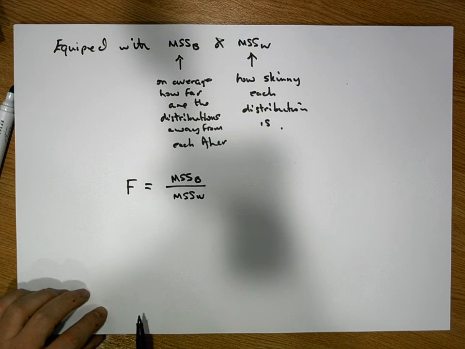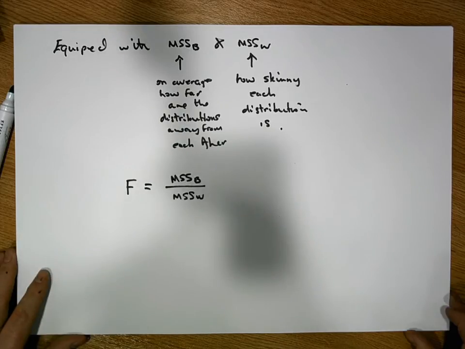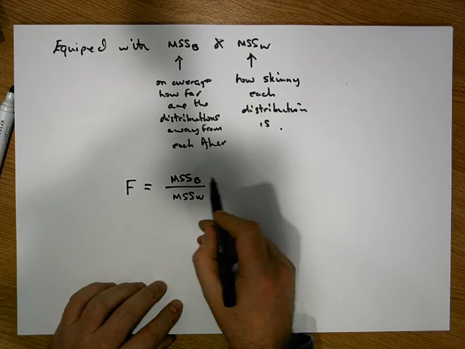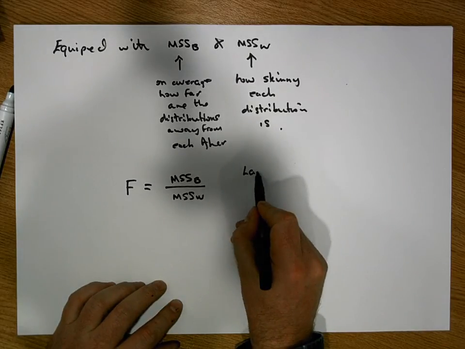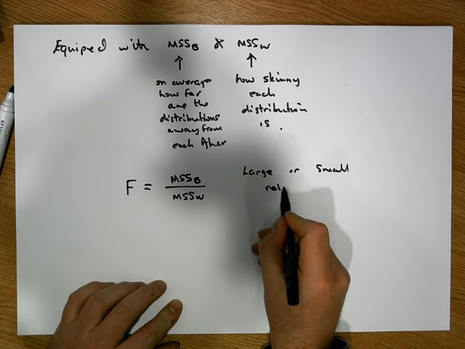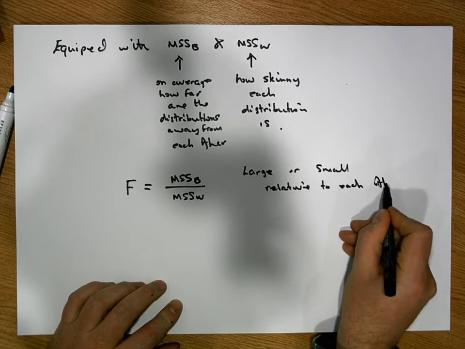So the question is, how do we interpret this particular test statistic? There are a number of ways, if we consider whether these values are large or small relative to each other. Let's do a scenario.